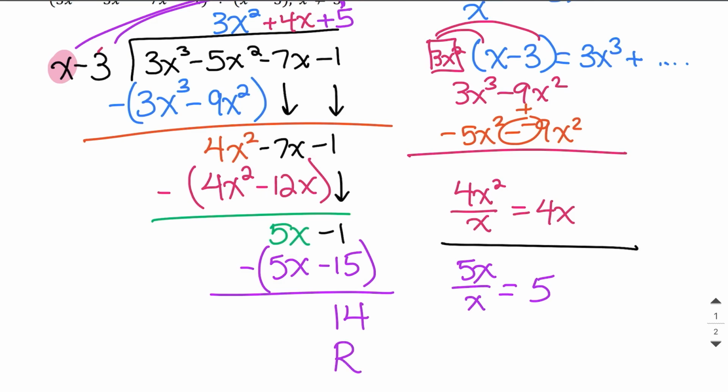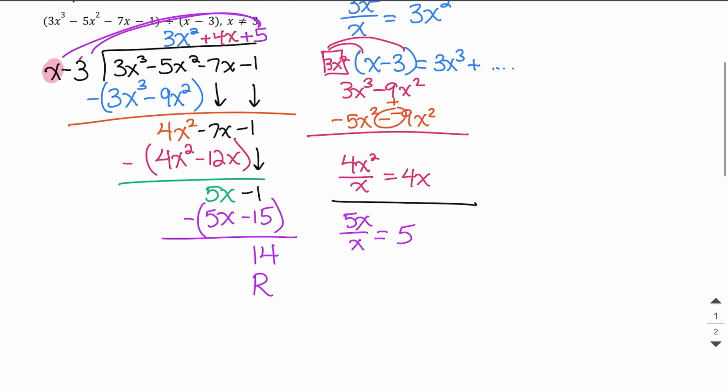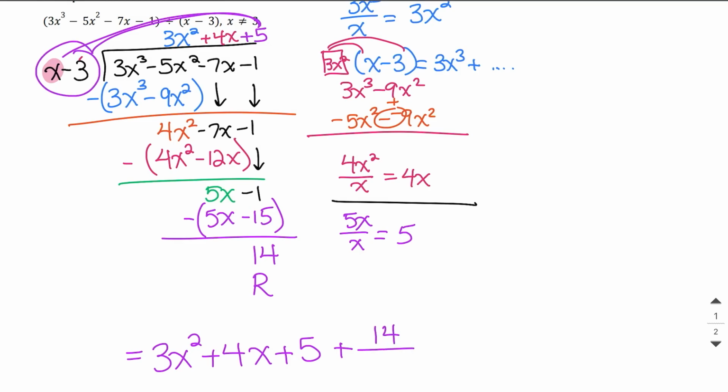How do I know this is my remainder? Because x cannot go into 14. I can't do any more division. So what does this mean? This means that my answer is going to be equal to 3x squared plus 4x plus 5 with a remainder of 14 out of whatever I'm dividing by.